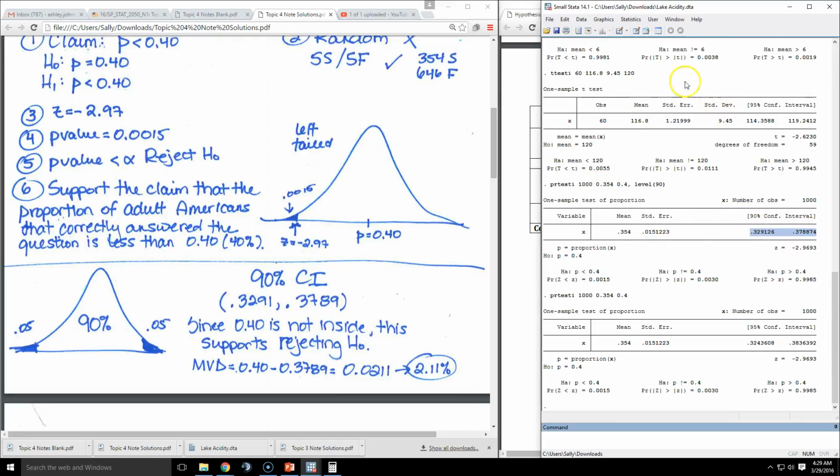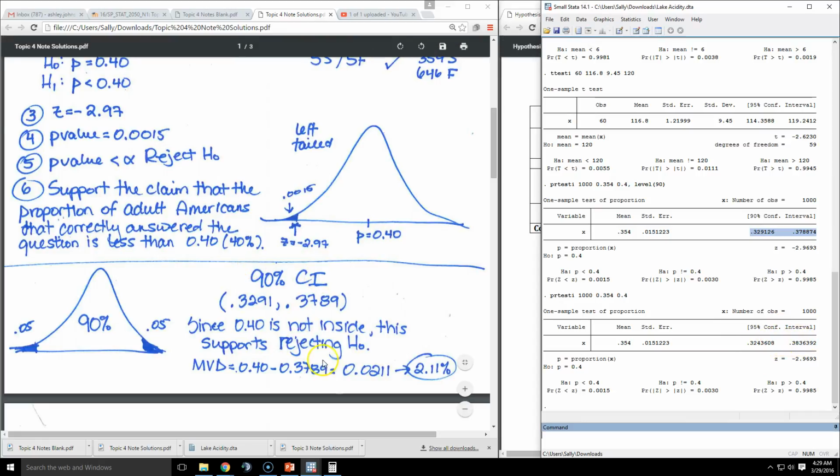Okay, never mind. If you had accidentally had the wrong confidence level, it's possible that you could have ended up having 0.4 inside here, so you would conflict. But we don't. That's a good thing. So 0.4 is not inside. Our sample data does not suggest that 40% is viable. So the difference here is 0.4 minus the closest number, which would be 0.0211 or 2.11%.